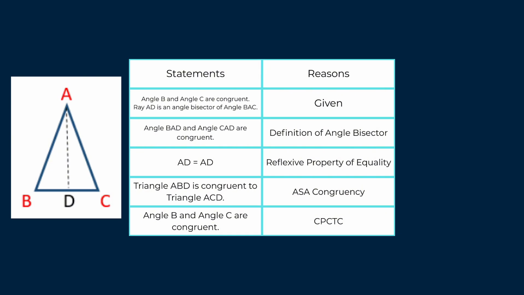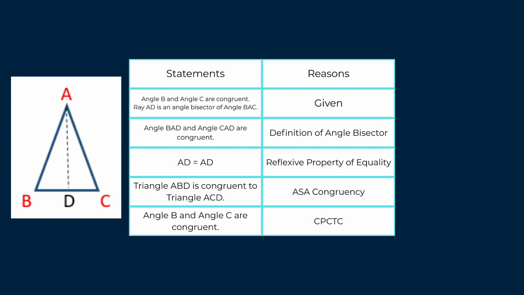Now we have two angles and we want to find another piece of information that can help us prove these triangles congruent. We could do it angle side angle, but that would require us to prove AB is congruent to AC. And that's not really practical because we are trying to find that these triangles are congruent.